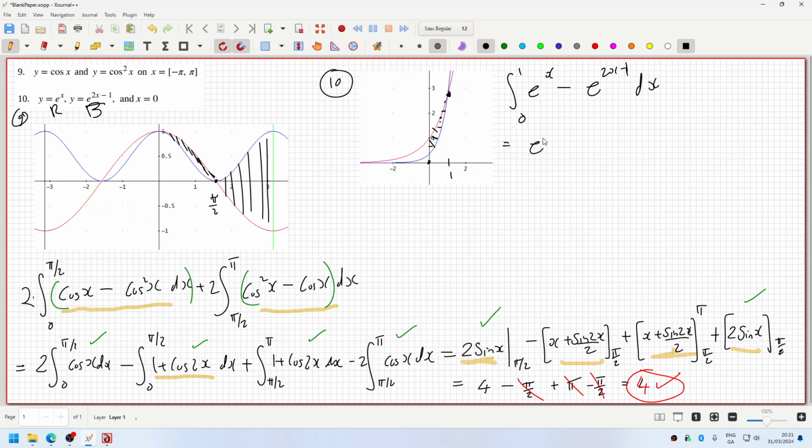So that's e^x minus a half e^(2x) minus 1, from 1 to 0. So that's e to the power 1 minus a half e to the power 1 minus e to the power 0 plus a half e to the power minus 1. So that's a half e minus 1 plus a half e minus 1. Okay. Let's see what that is.